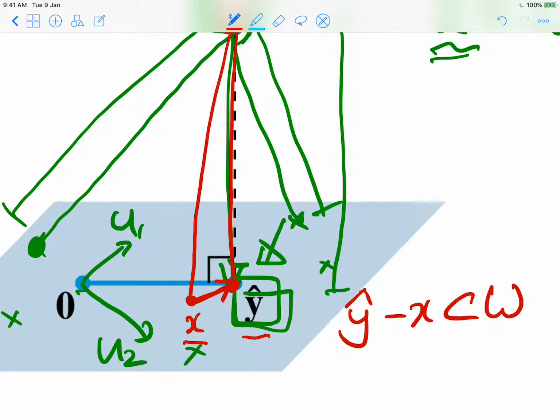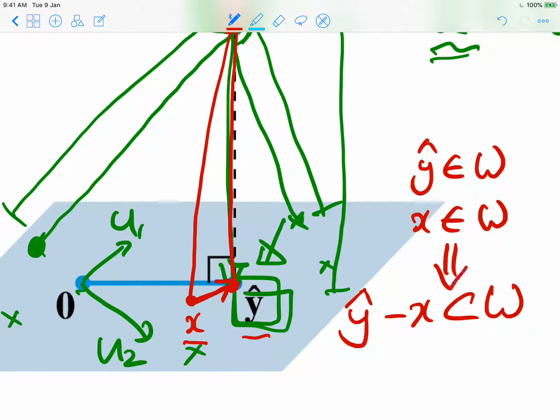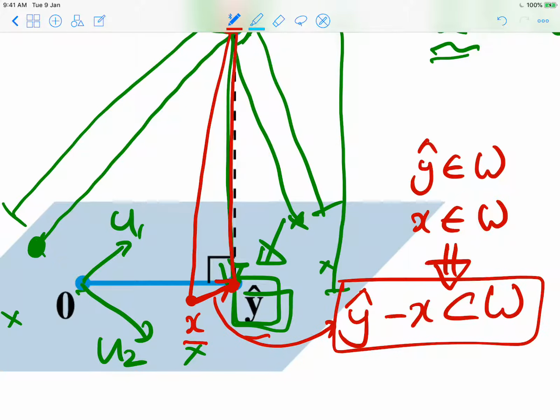is also inside of W. And why is it so? y hat is in W and x is in W, and this vector is also in W. It looks obvious from this figure, but we can also think of the formal reason why it should be true.